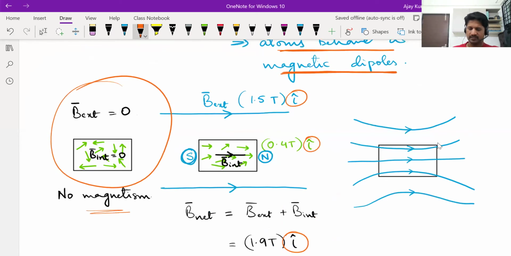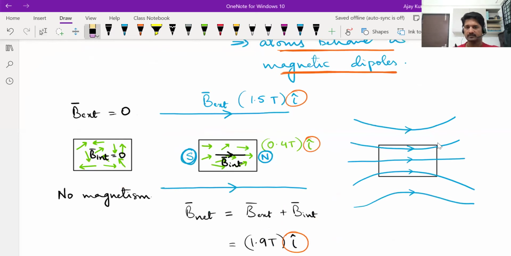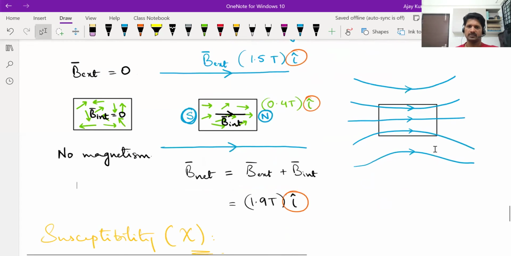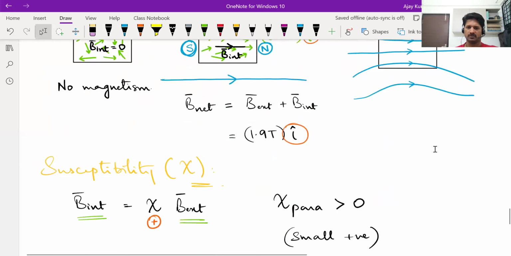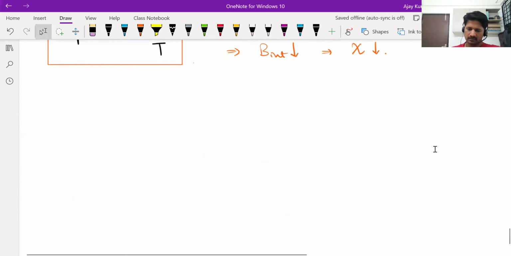So as such, the material doesn't exhibit magnetism. But when we switch on an external field, paramagnetic material starts behaving as a magnet. Internal field adds to the external field. Net field will be even stronger. So positive susceptibility, and it is inversely proportional to temperature.